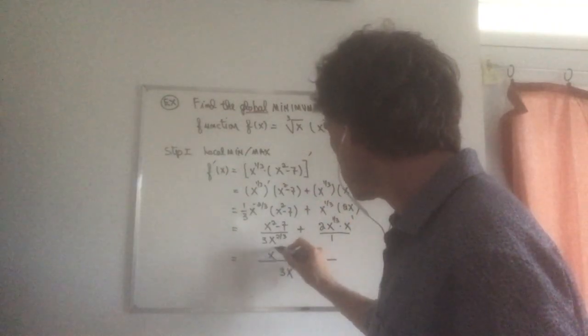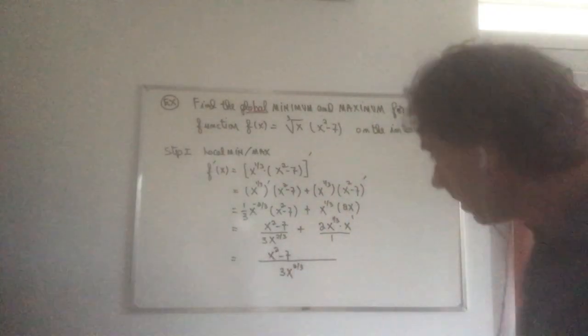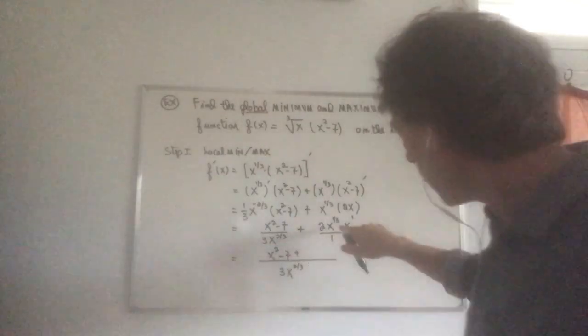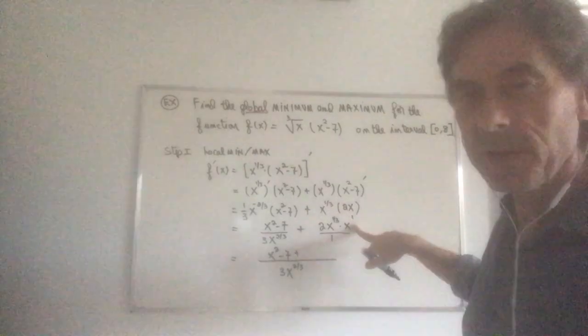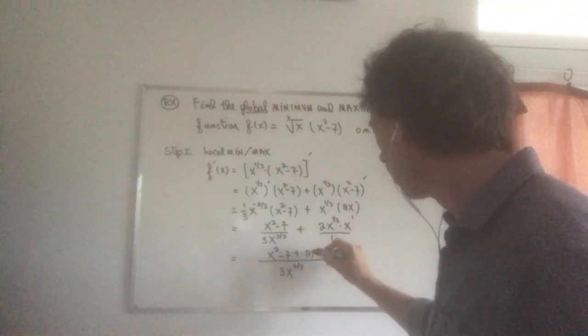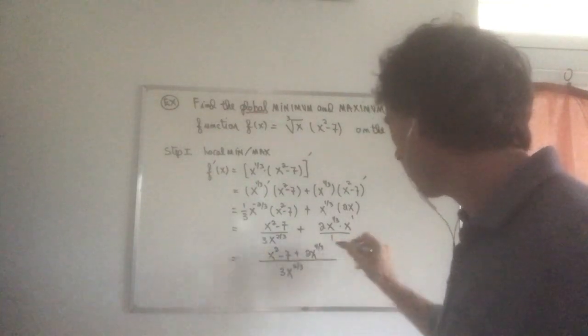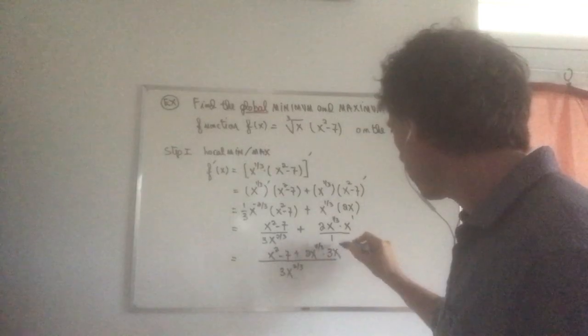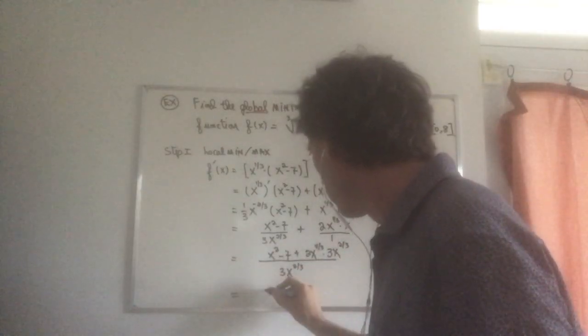So all this is x squared minus 7 plus, what did we say that was? What's x to the 1/3 times x to the 1? We said this was x to the 1/3 plus 1, so x to the 4/3 times this guy, 3x to the 2/3. Lovely.